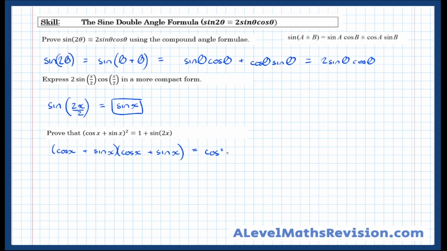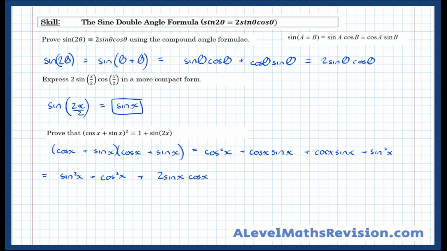So I get cos squared x plus cos x sin x plus cos x sin x again plus sine squared x. So far so good. Equals, when I gather the square trig functions together, sine squared x plus cos squared x, then we've got 2 sine x cos x.